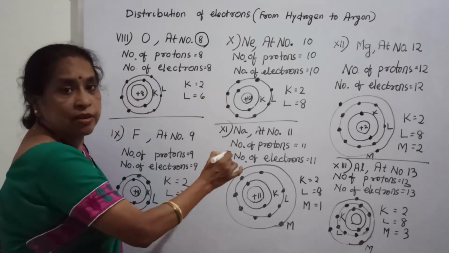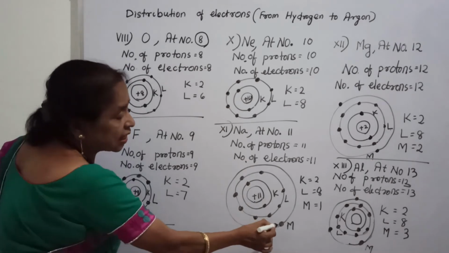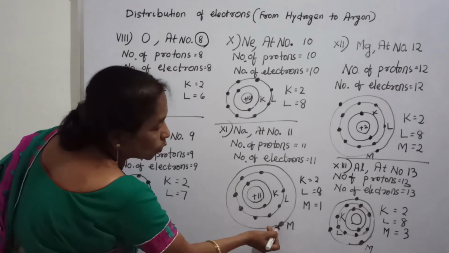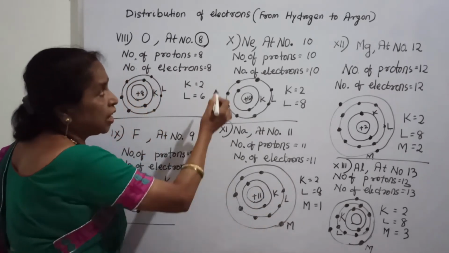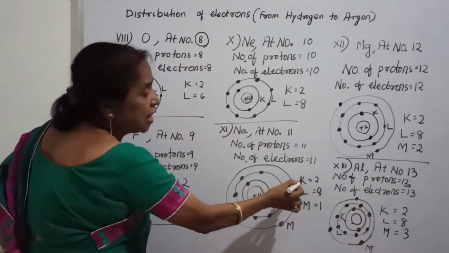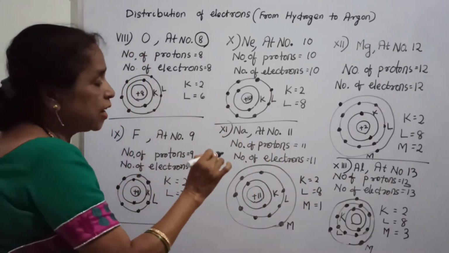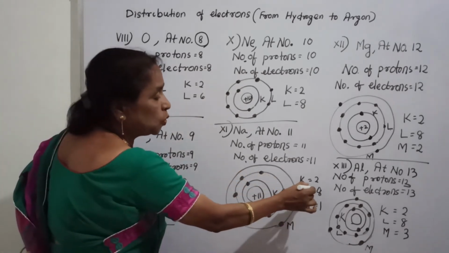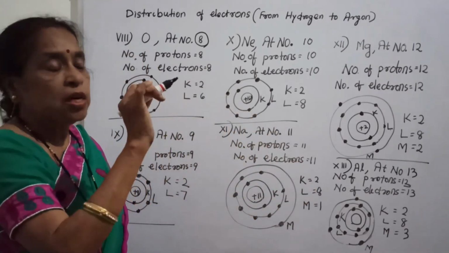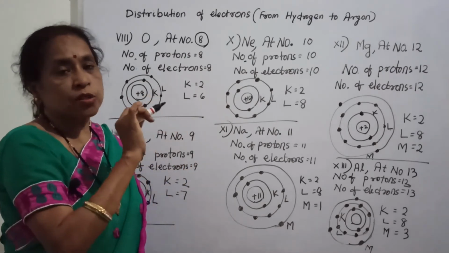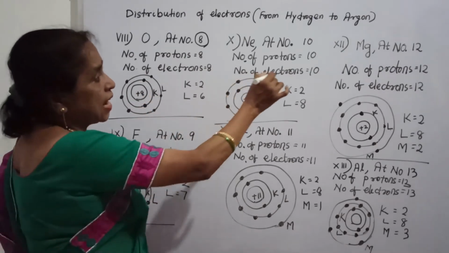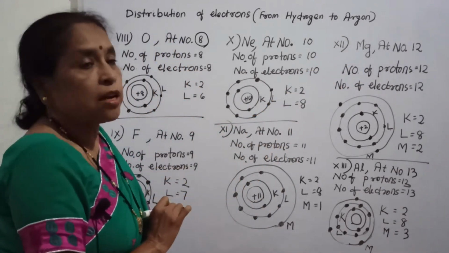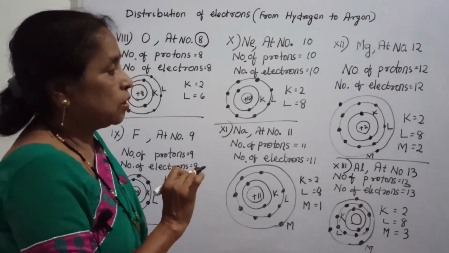So it goes to the next higher energy shell, that is M shell. The remaining 1 electron will go to M shell. Then what is the electronic distribution here? K equal to 2, L equal to 8, M equal to 1. 1 can't go to L shell because the maximum number of electrons there is always 8. So next come to 12, that means magnesium, where atomic number is 12 and number of protons 12.